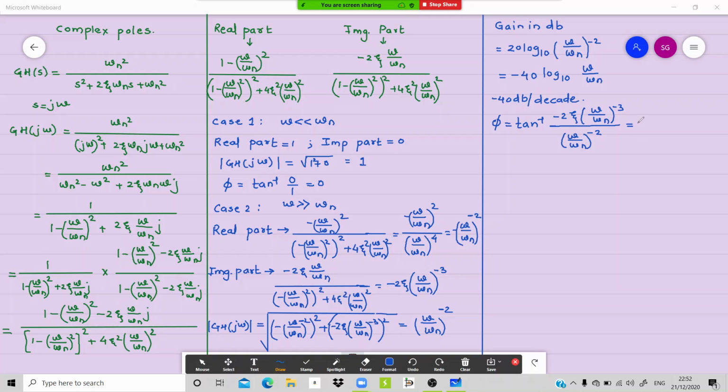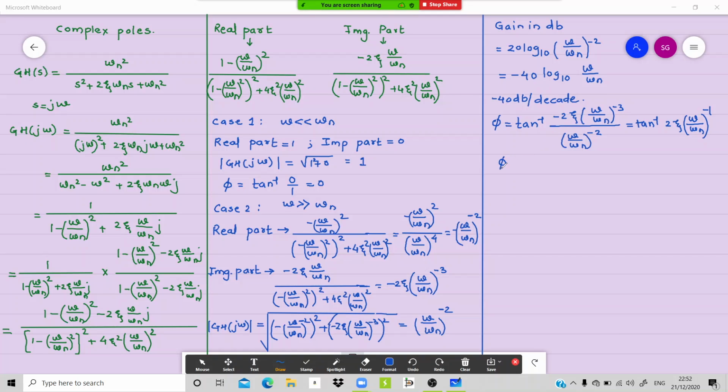So it is going to be tan inverse of 2 zeta omega upon omega n raised to minus 1. Okay. So see, again, when omega is very high, this component will die out very fast compared with this. So this will be tending towards 0 by a large amount. So definitely it is going to be tan inverse of 0 in that case.